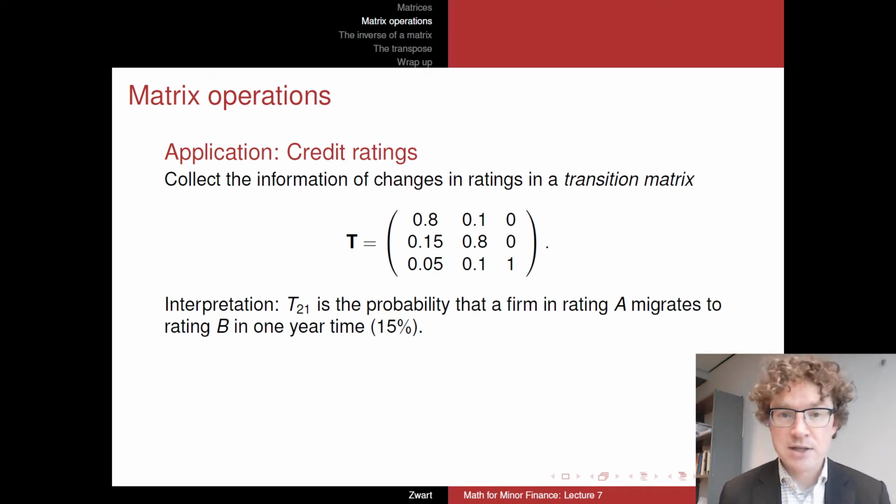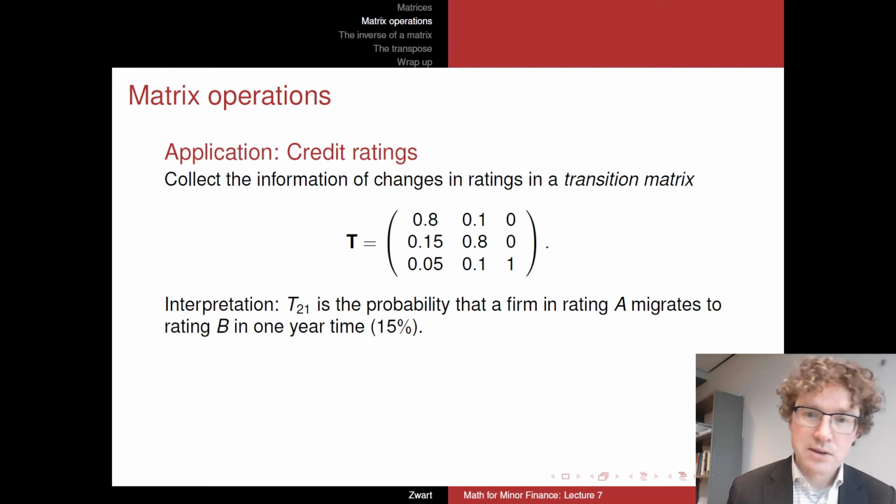That's the 80%, the 0.8 that you see on top there. And as I mentioned in my example, there's a 15% chance, or 0.15 probability, of moving down to the B rating, and there's a 5%, or 0.05, probability that starting out from the A rating class, you might move to default. So that's the first column.